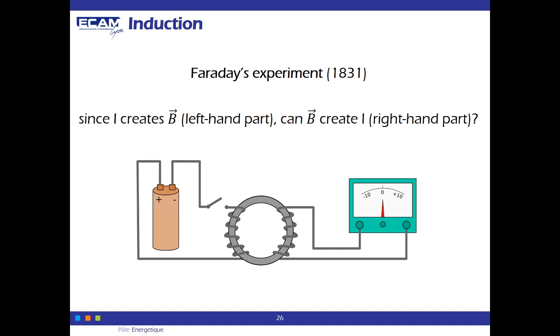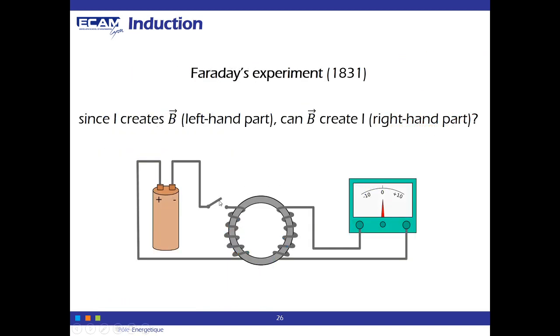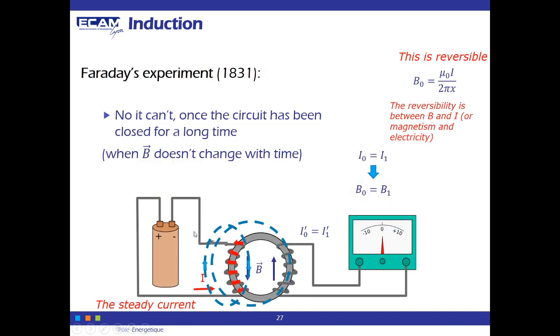Once he switched on and let the current flow here, he observed in the beginning a certain ripple. This is the beginning of Faraday's law. But after he keeps energizing the first coil forever, he sees the meter doesn't move.